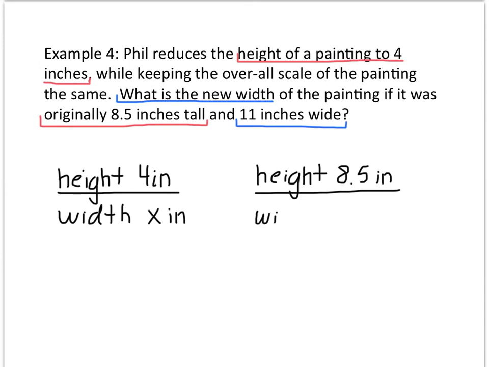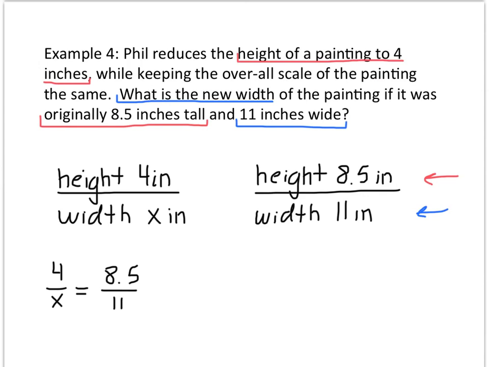So I can say that the original width is right here as 11 inches. And now I have my proportion. Again, noticing both of these ratios have the height on the top. Both of these ratios have the width on the bottom. So now when I set them equal to each other, 4 over x equals 8.5 over 11, I now have a solvable proportion here.